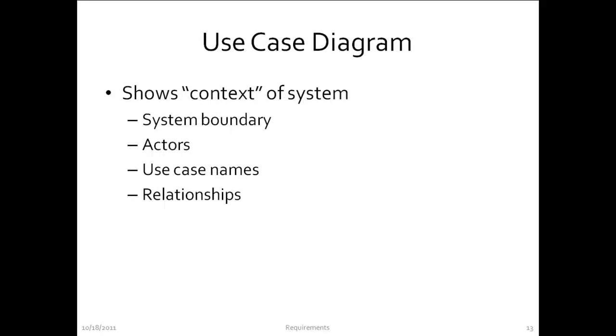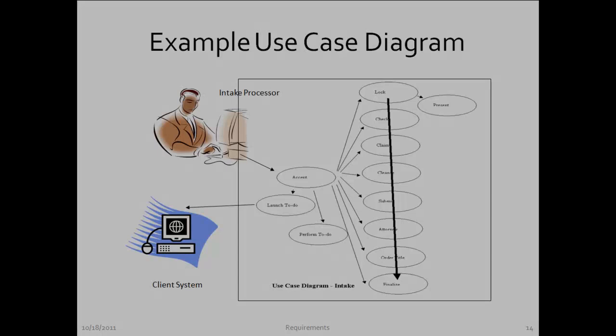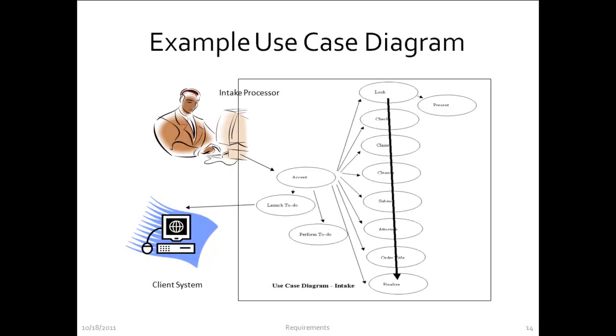A use case diagram shows the boundary of the system to be designed. Inside that boundary, the use case diagram shows the use cases of the system and which actors interact with which use cases. Basically, what is inside the system boundary is what needs to be implemented. On this example use case diagram, you can see two actors. One is a human actor, the intake processor, and the other is a system actor, which is the client system.